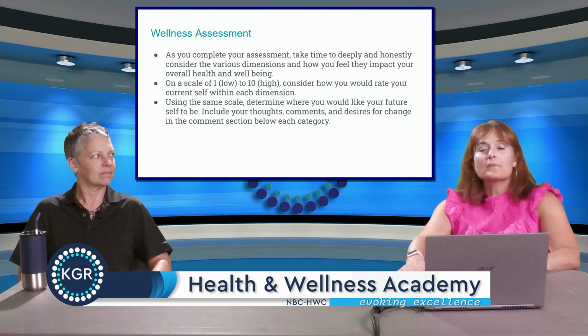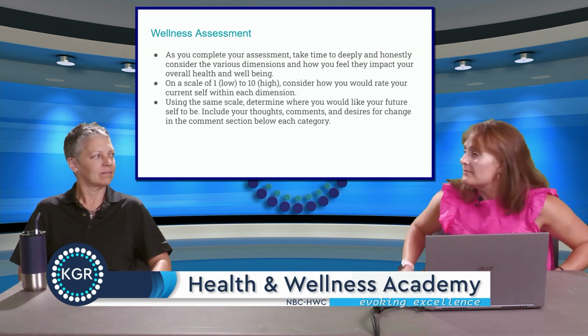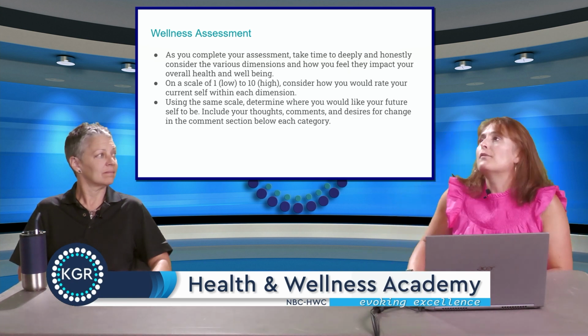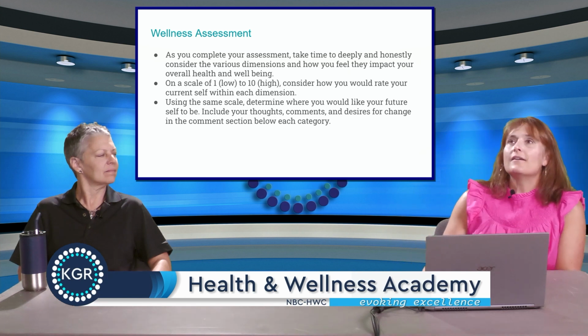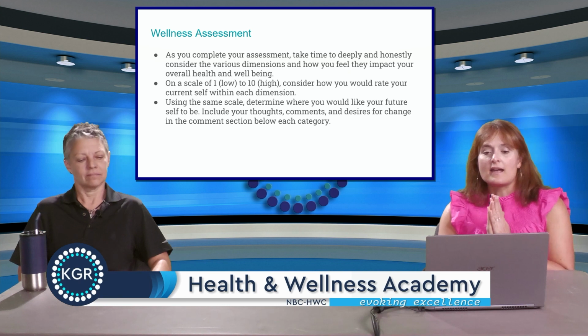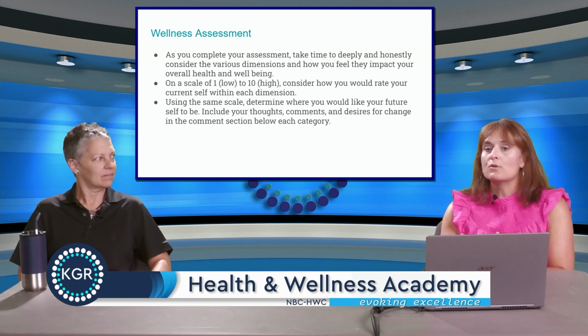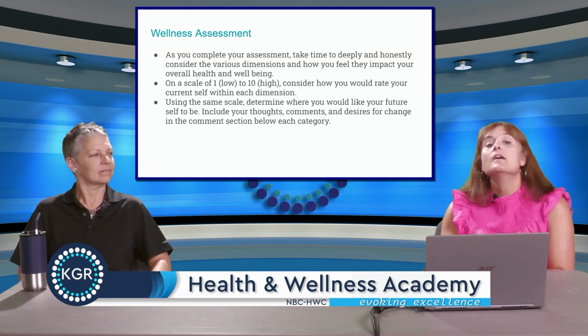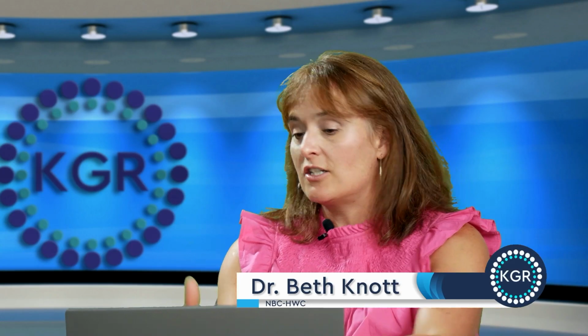So, I'm trying to think of an example of one of the wheels. Okay, let's say relationships. Let's say that you have a mother-in-law who was just diagnosed with dementia and she now lives in your house. Well, what do your environment and your relationships look like?